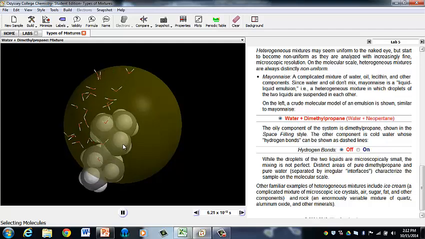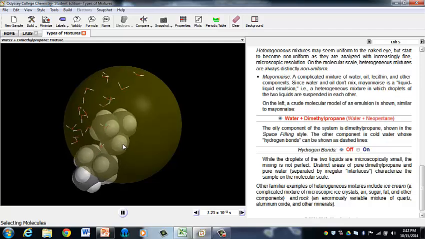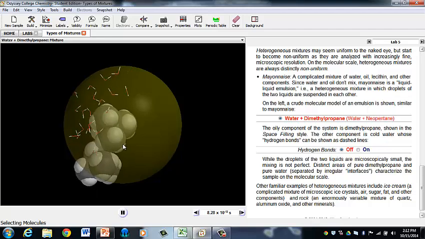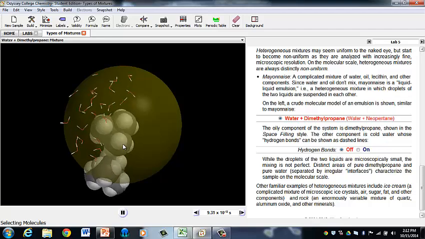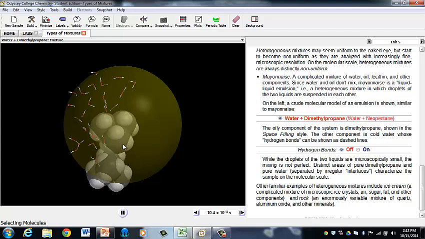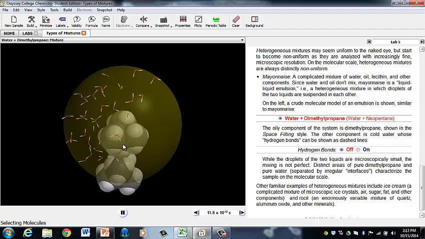So don't think about it as likes and unlikes. Actually think about the fundamentals. Water has partial charges. It's going to be attracted to other water molecules. Neopentane does not have partial charges, so there's nothing for the water to be attracted to. So the water is just going to stick with itself, and the neopentane will stick with itself too. Does that make sense? Okay.